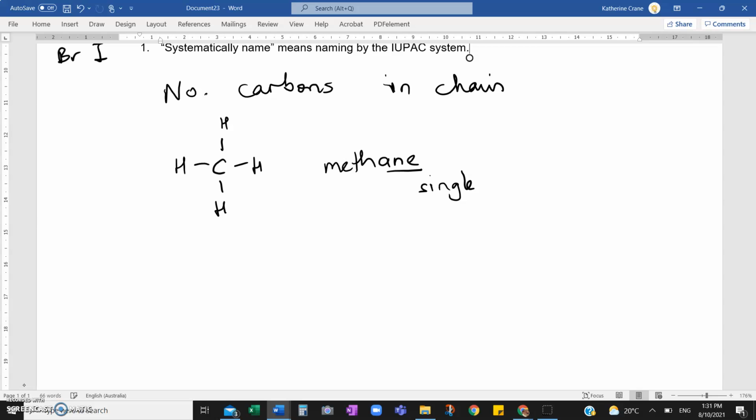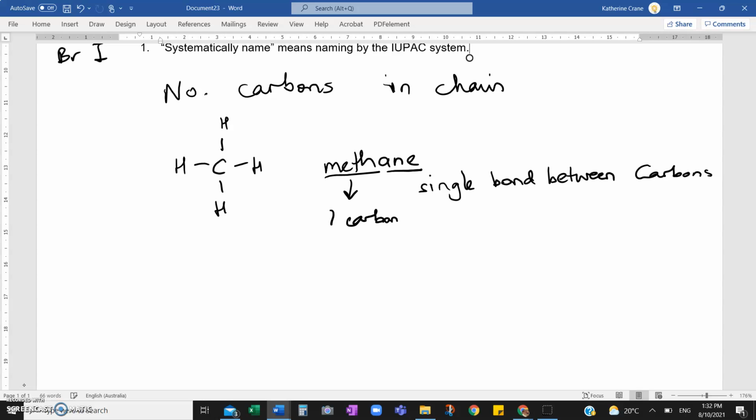You can't have methene or methyne because there's only 1 carbon. You can't have a double bond between carbons when there's only one carbon, and you can't have a double bond between hydrogen and carbon because hydrogen can only share one electron as well. And meth means one carbon.